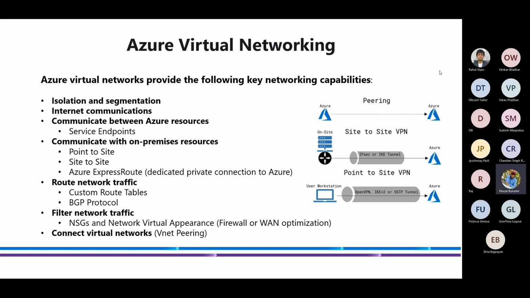And for example, if we have two resource groups, one for the Department of Science and another for the Department of IT, and all those resource groups are located in Azure, and I want to make a communication between the Department of Science and the Department of IT, I need to create a peering. This peering will be like a channel which will communicate between these two resource groups, like these two departments.